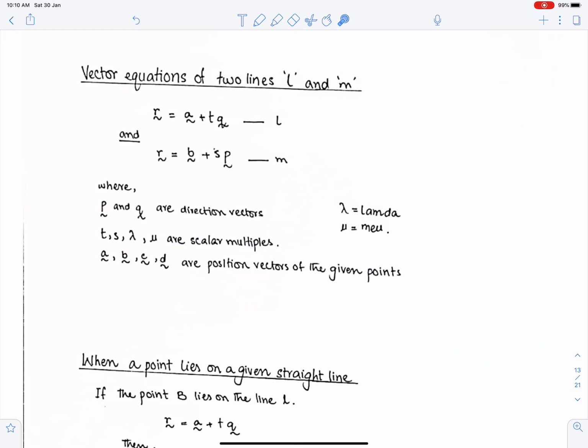And for position vectors of the given points, they can give you any point, A, B, C, D, E, F, whatever. In fact, N as well. So make sure you understand these four things carefully. This T and this S mean the scalar multiples, and this Q and P mean the direction vectors of both the lines.